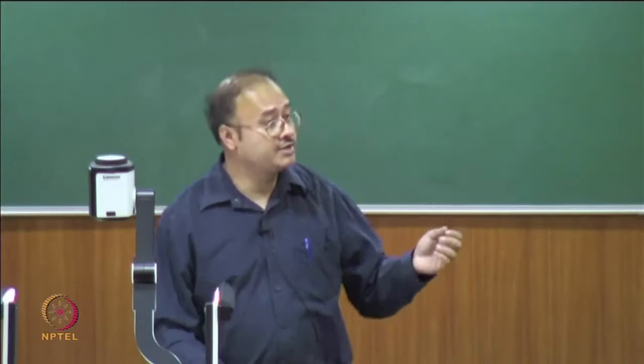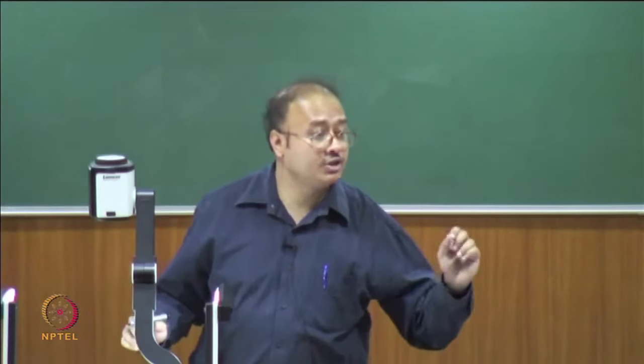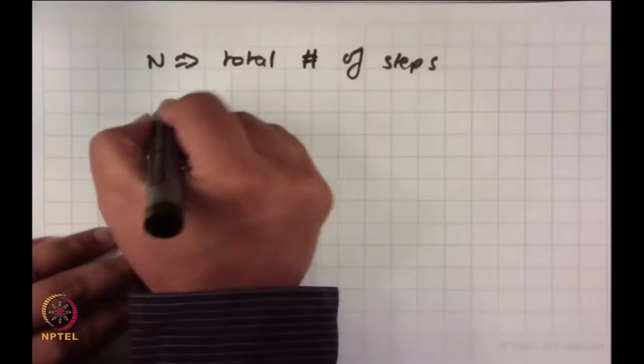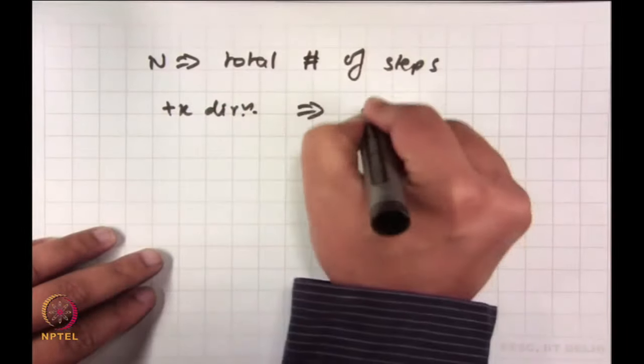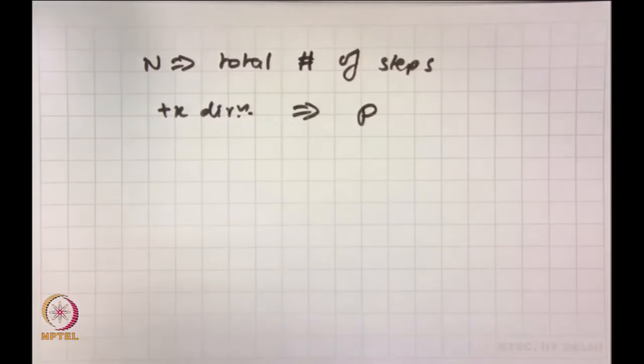Now, what I say is that the displacement in the positive x direction is given by the probability p. That means, the probability of this particle moving in the positive x direction is given by p, small p.